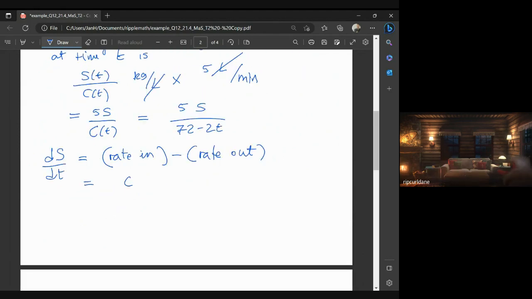The rate in is 0 and the rate out is 5S over 72 minus 2t, as we've just calculated there. So that gives us the equation ds dt equals minus 5S over 72 minus 2t. There's our equation.